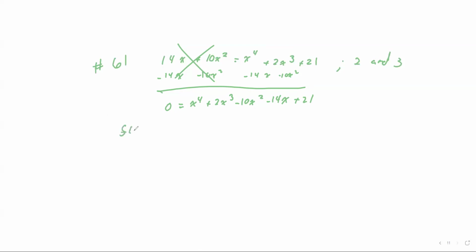So I'm going to change it now to f of 2. And I'm going to go 2 to the fourth plus 2 times 2 cubed minus 10 times 2 squared. And we already did this one. I'm about to say these numbers looked real familiar because I feel like I just did it, when we just did this problem on number 59.